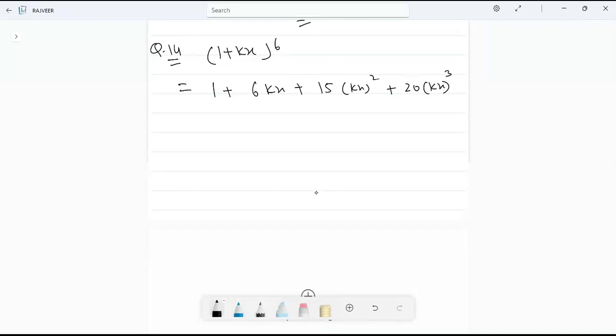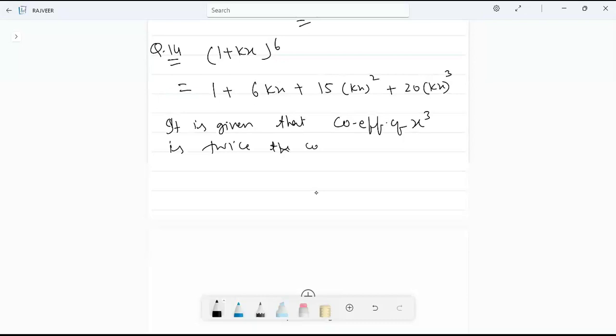Now it is given that coefficient of x cube is twice the coefficient of x square.